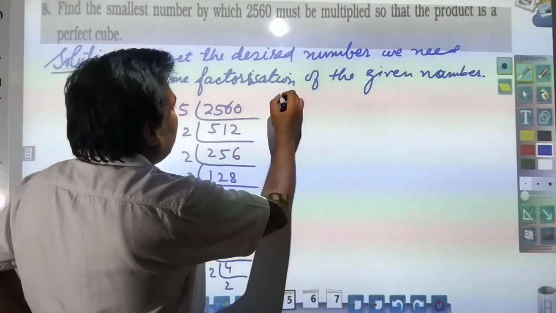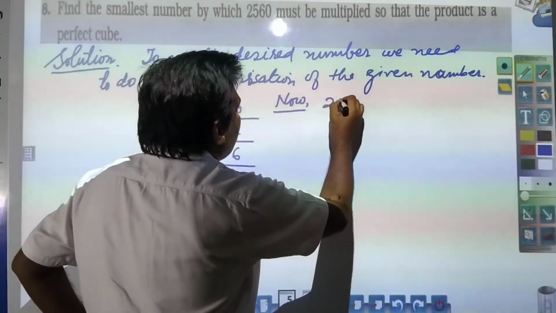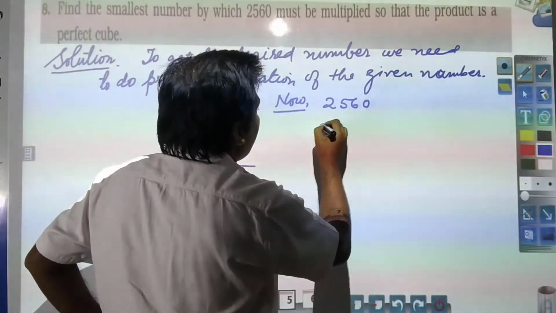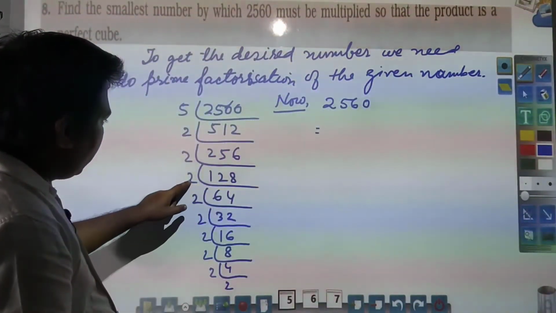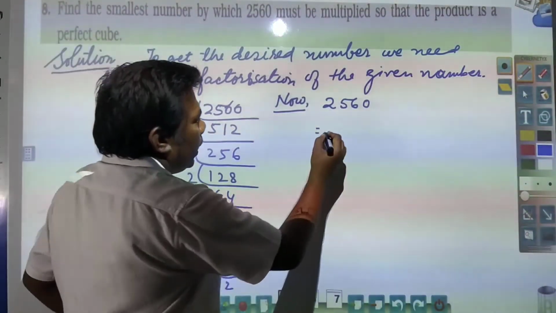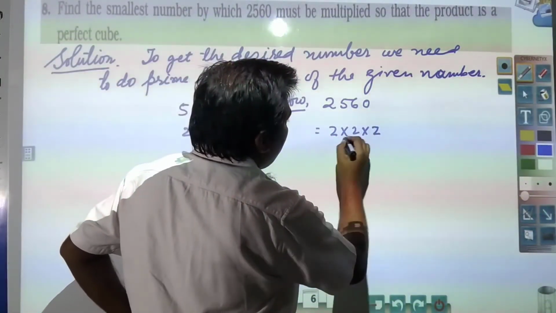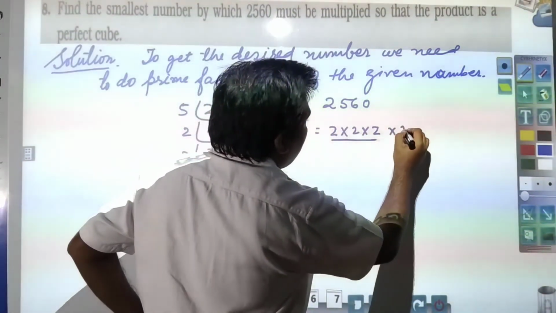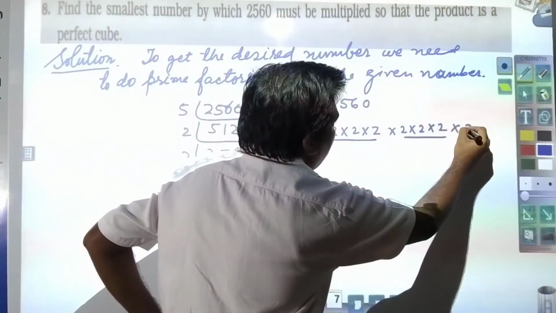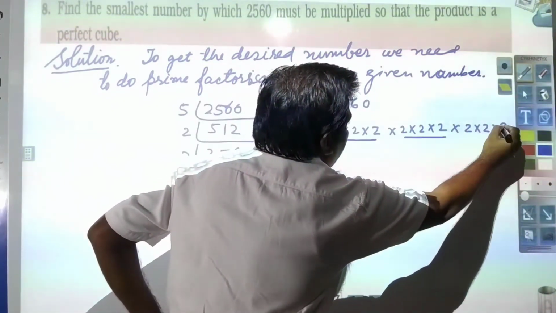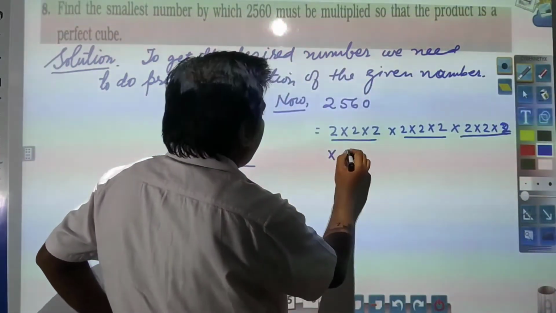Now here you see this 2560 can be expressed as 1 2 3 4 5 6 7 8 9, 9 times you have 2. 1 triplet you have got, 2 triplets you have got, and 3 triplets you have got of the same number, and then you have 5.